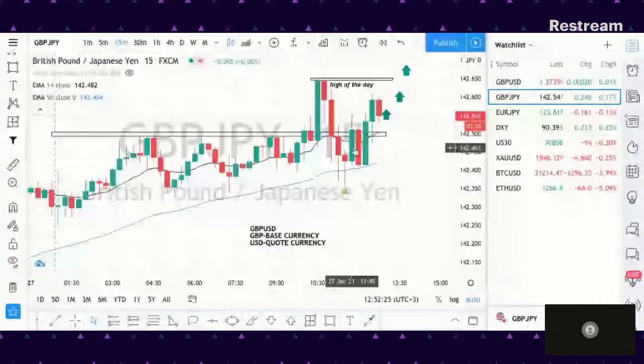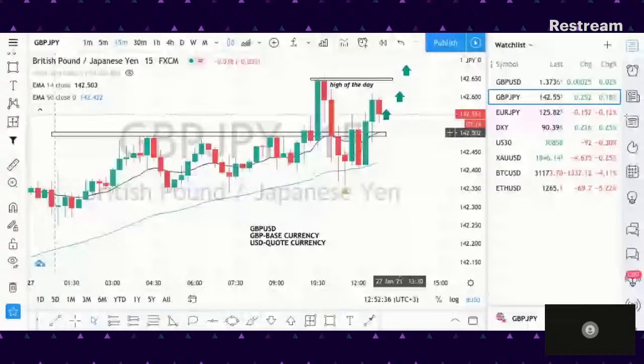Now, as we're speaking right now, when you go to the Forex Bureau, one Great Britain pound is equal to 142.